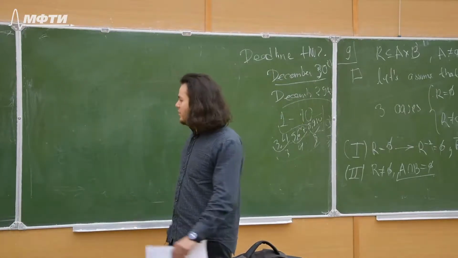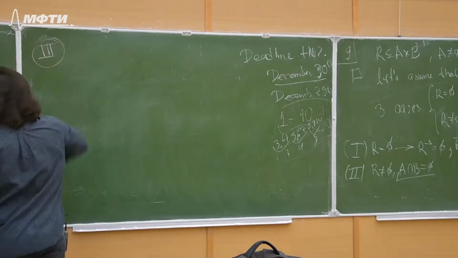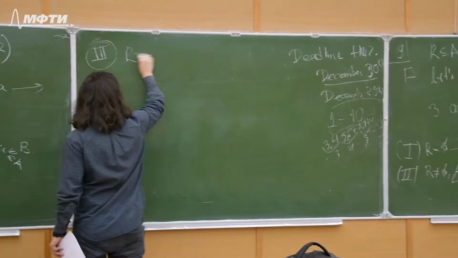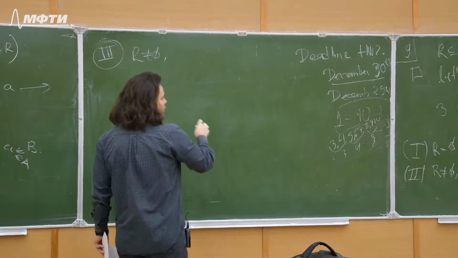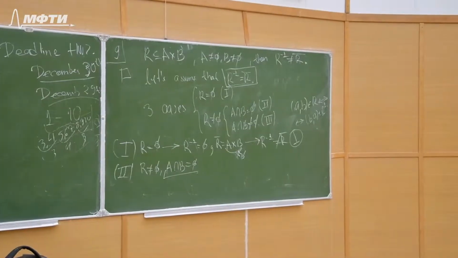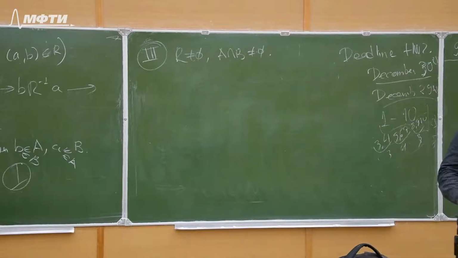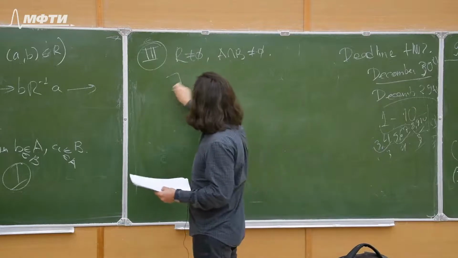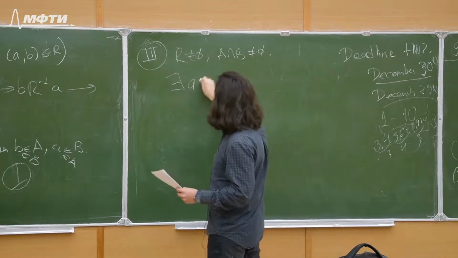Okay, so let's continue. We are left with case 3. In this case, we have that R is not empty and the intersection is not empty. We need to get a contradiction in this case as well. Since the intersection is non-empty, there exists some a in the intersection.